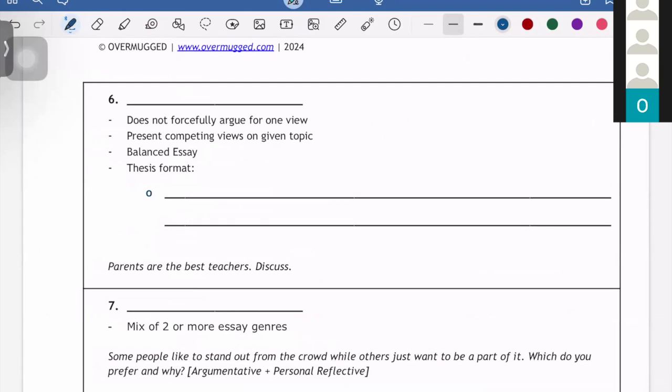Okay, number 6. Does not forcefully argue for one view. You're presenting competing views on a given topic. It's a very balanced essay type. This is your discursive.